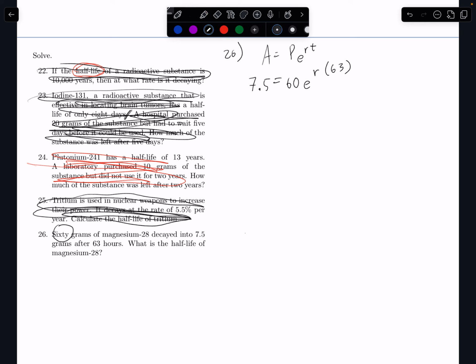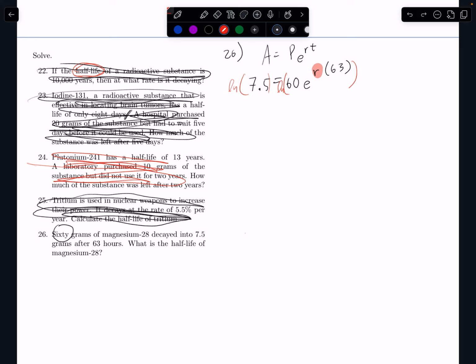Okay, so we're trying to figure out the rate first, right? That's the only variable that we have. So how are we going to do that? Well, we're going to apply natural logs. If I do this now, though, I've got this ugly 60 here.